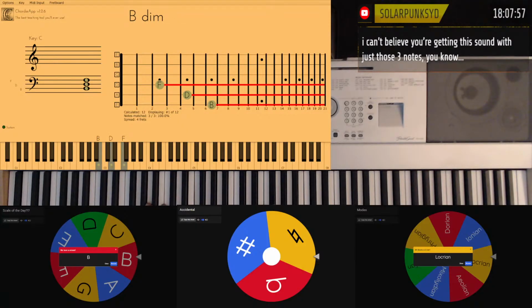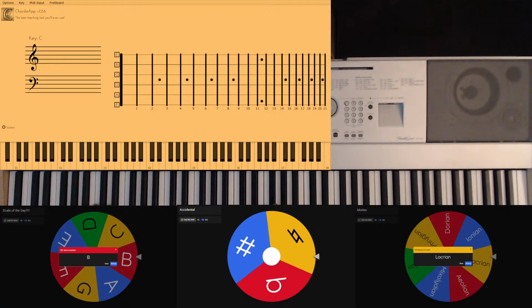Yeah, it's so easy to fall out of the Locrian. Oops, yeah. That's actually pretty interesting.